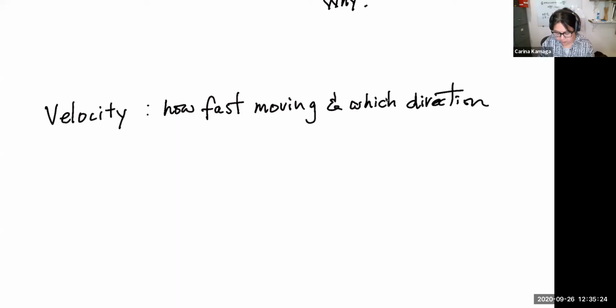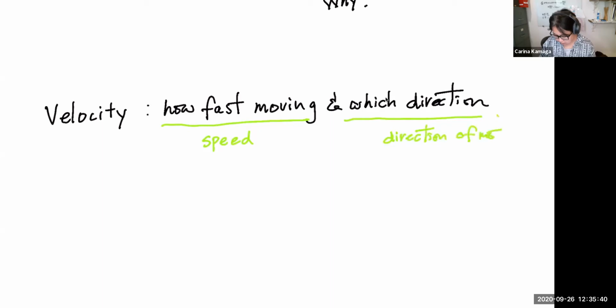So it has the information about speed, but it's not only the speed, it's also the direction of motion. Right? So that's what velocity is.